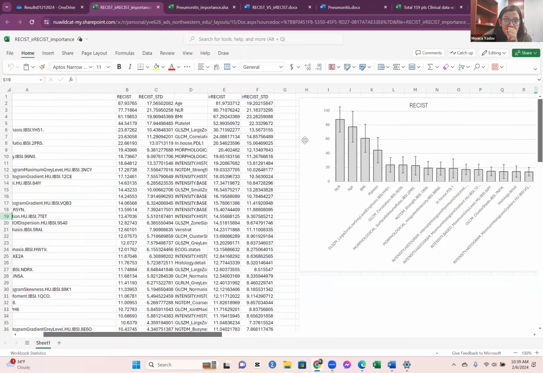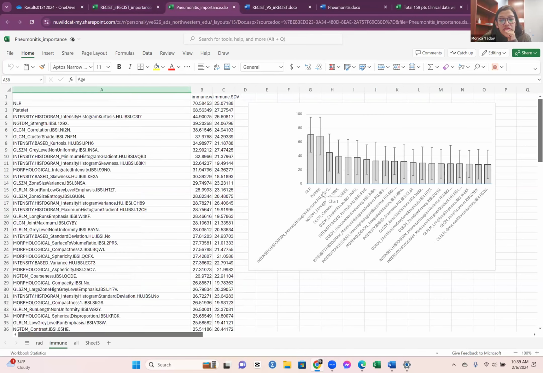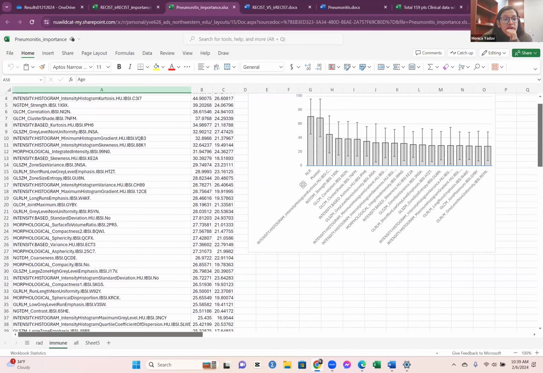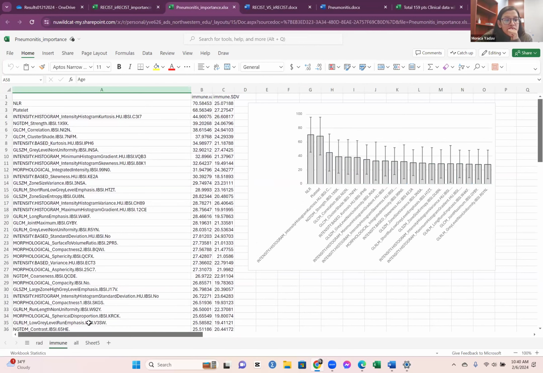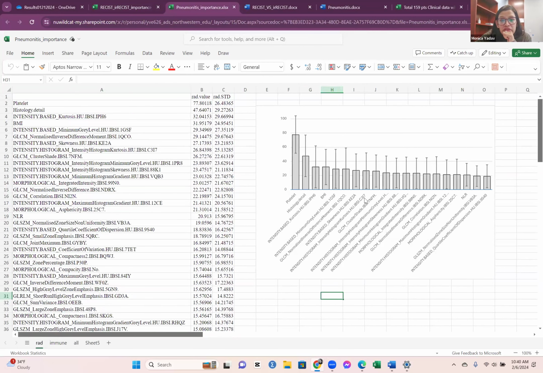It seems like patients who have a higher age are more prone to this. Let's go for this one: the higher the BMI, the more prone to getting radiation pneumonitis. What does the red value mean? I just need to understand what that is. Those numbers.